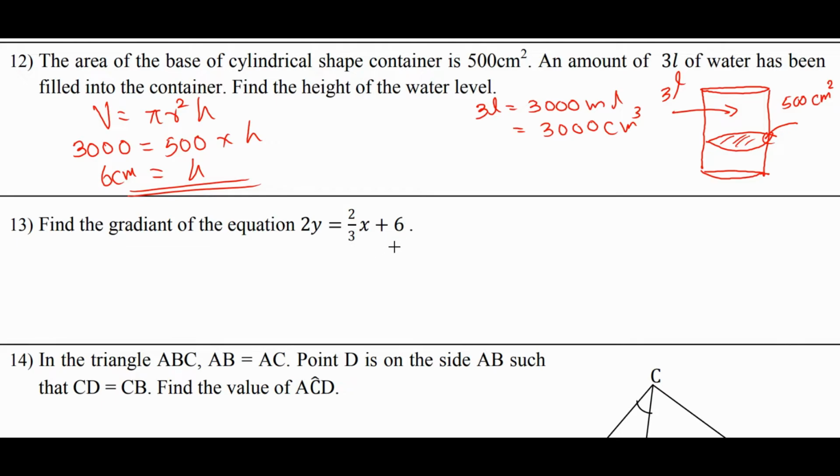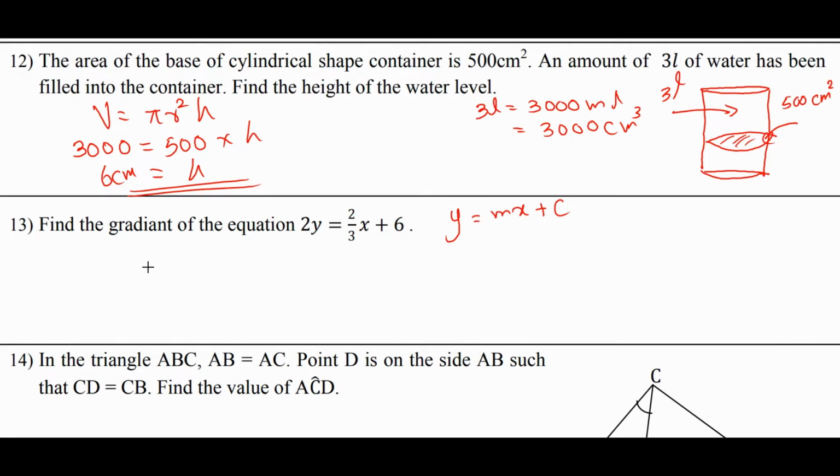Question number 13, according to the equation of a straight line, find the gradient of the equation 2y equals 2 upon 3 x plus 6. First of all, I have to rearrange this equation as y equals mx plus c. Here we have the 2y type. I have to get this to y equals type.